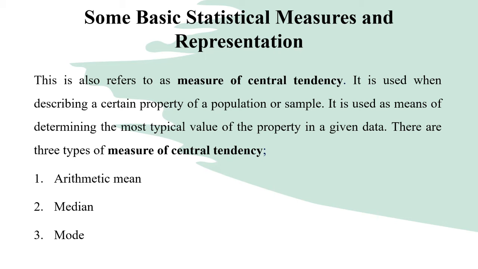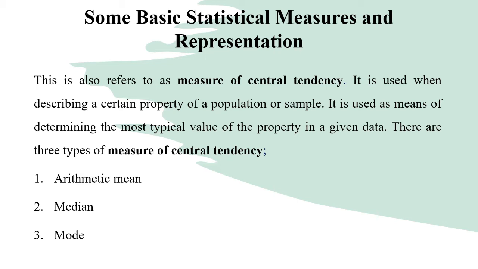Measure of central tendency is used when describing a certain property of a population or sample. It is used as a means of determining the most typical value of a property in a given data.